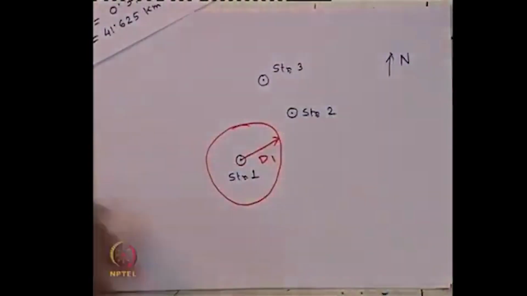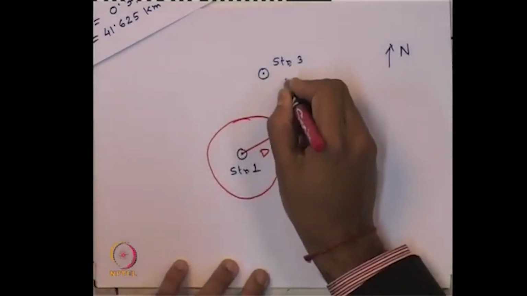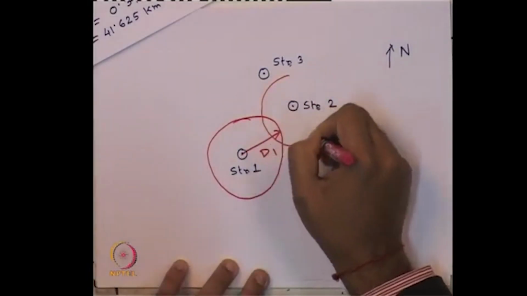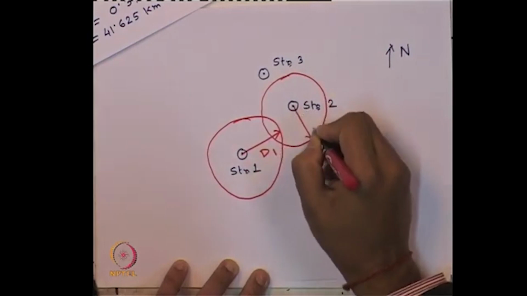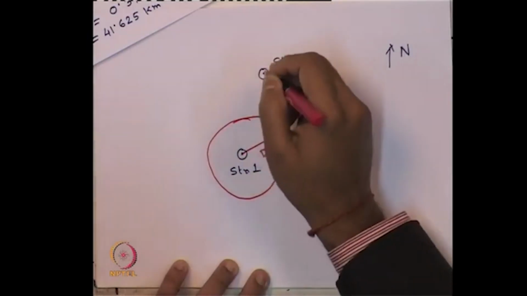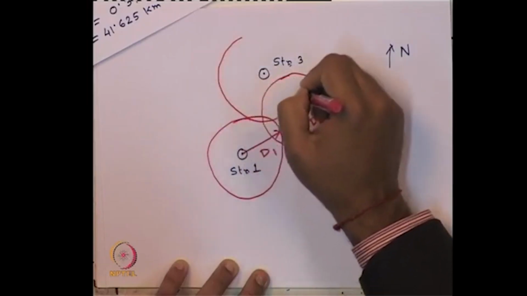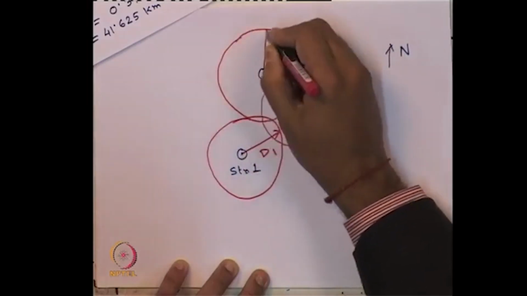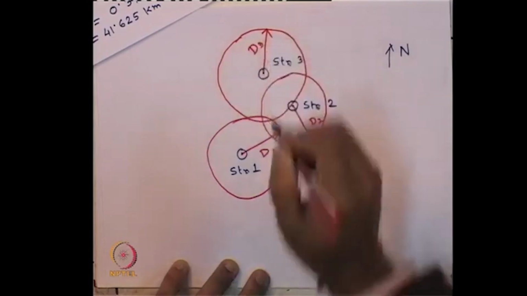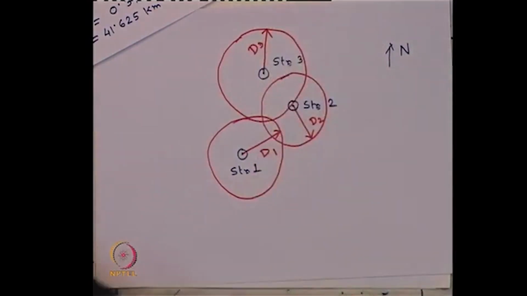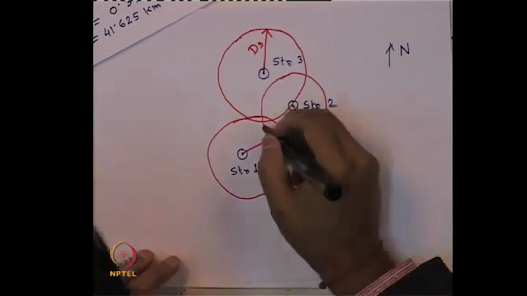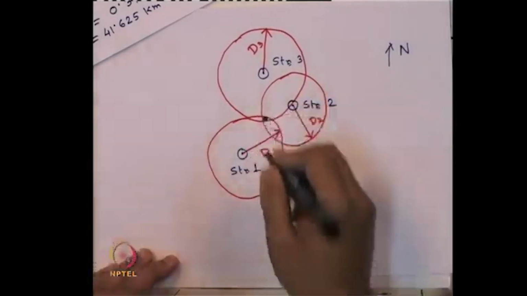For station 2, say d2 is something like this, and for station 3 let us say the value goes like this. So, this is d3. Wherever these 3 circles meet, that common point will be our epicenter.